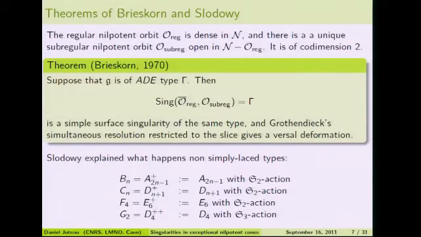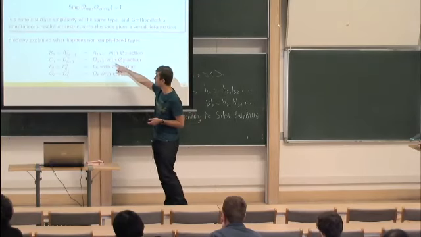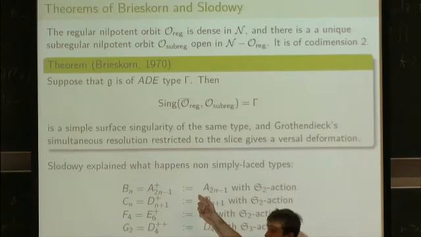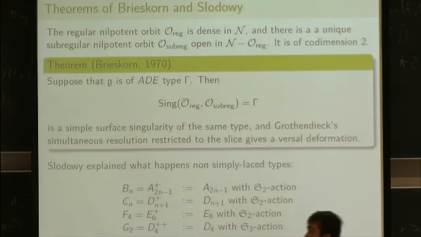So we will call, for example, A_{2n-1} with S2 action A_{2n-1}^+, to remember that there is this S2 action. And we will even call it B_n. So it's like the subregular in B_n, not forgetting the action. And the only case when we can have S3 is for D4, which gives the G2 case.